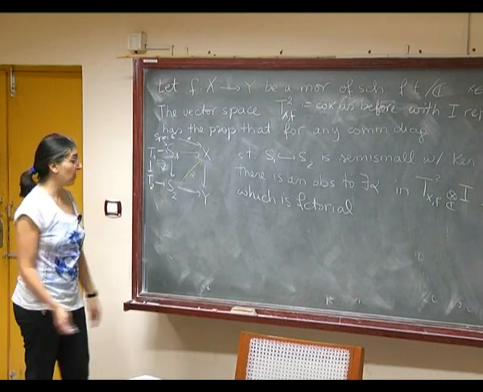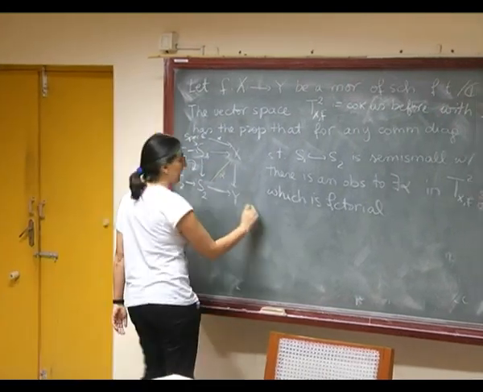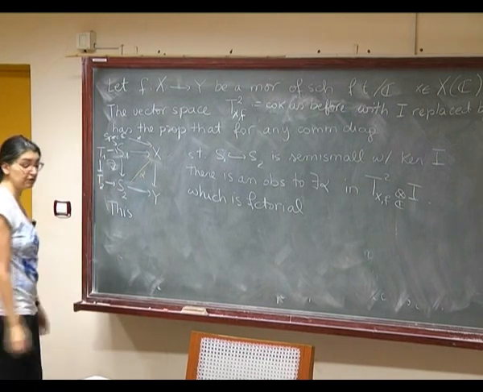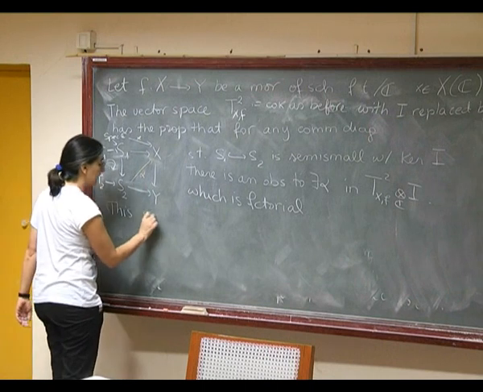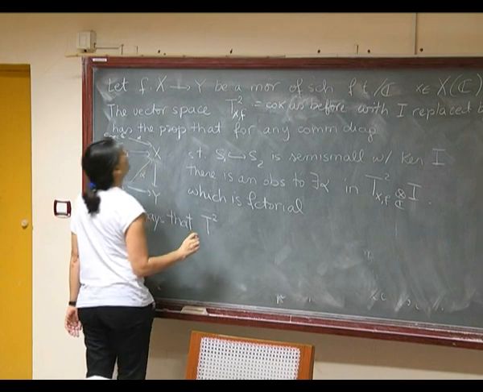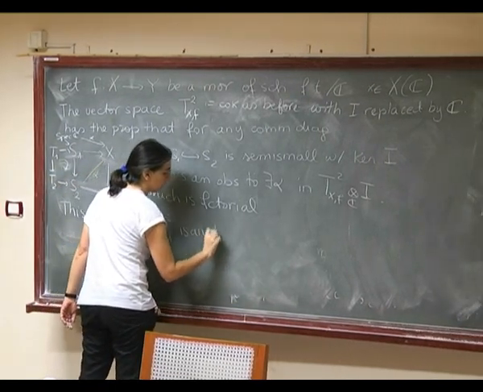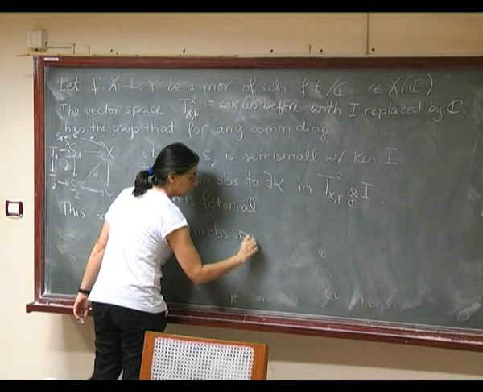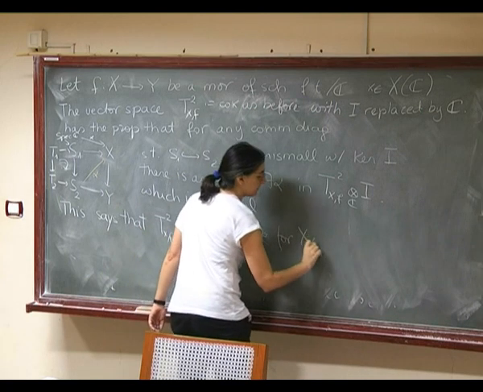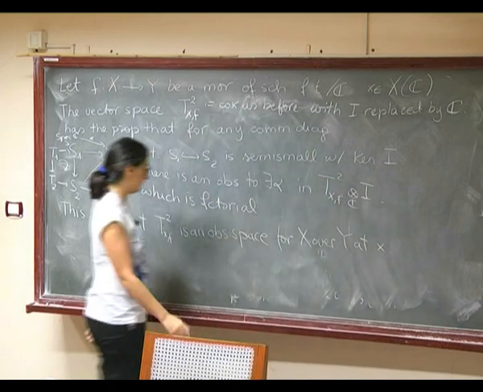So in other words, a way to say all of this is that this is a well-known property in deformation theory. This says that T2 x f is an obstruction space for X over Y at x.